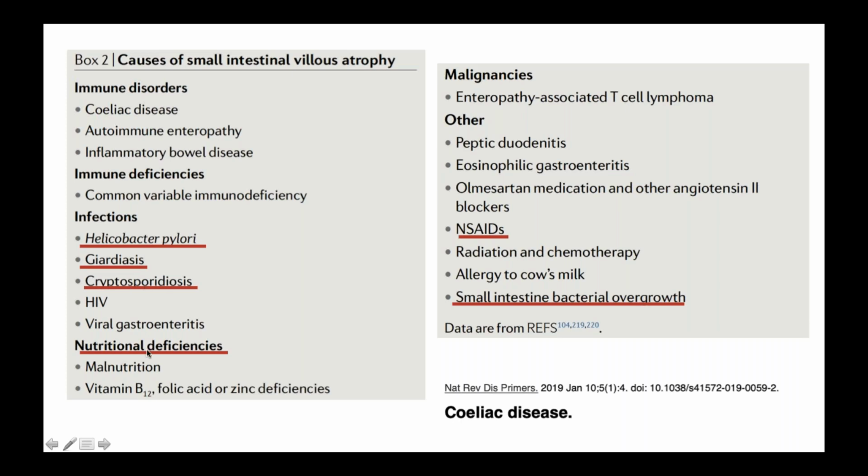Of course, then nutritional deficiencies, it's sort of a chicken and egg scenario because we know that maldigestion, malabsorption lead to nutritional deficiencies, but in turn, those deficiencies can lead to damage to the small intestine and then further fuel that process. Certain drugs, such as NSAIDs, can contribute to that pathology, as well as SIBO itself. So again, you can imagine many of these are sort of vicious cycles once they get going.